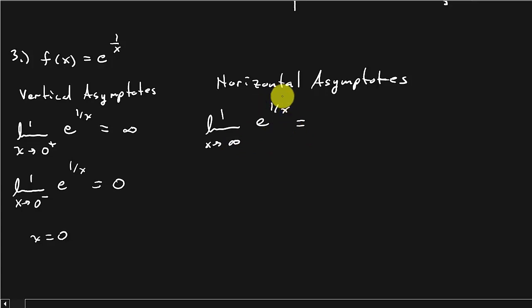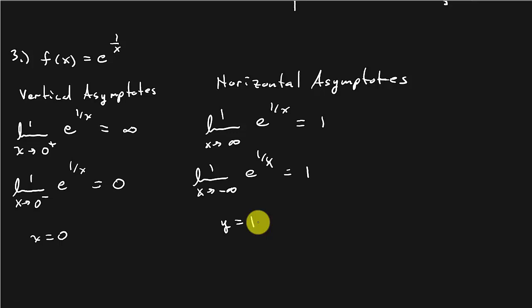As x gets larger, the exponent goes to 0, so that's going to equal 1. And then the limit as x goes to negative infinity of e to the 1 over x, well, that exponent goes to 0, or negative 0, which is just 0. That's going to equal 1 also. So we have a horizontal asymptote at, not x, at y equals 1. So there's your vertical and horizontal asymptotes.